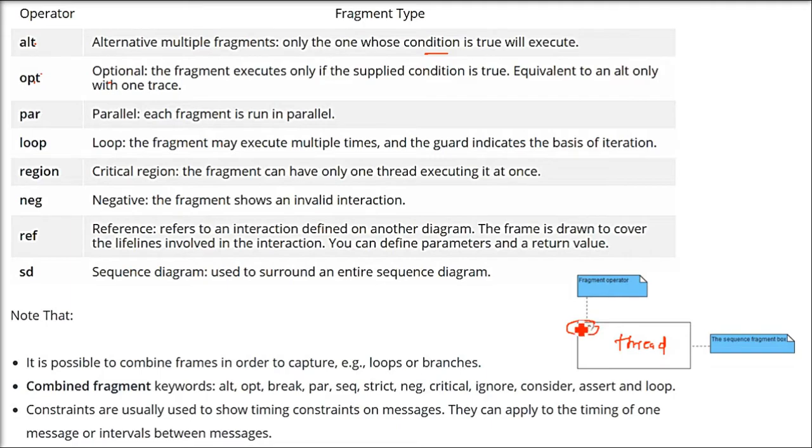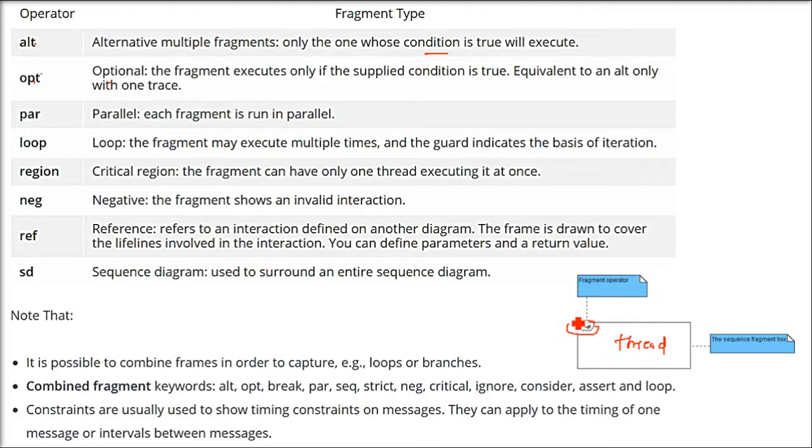Neg means negative. The fragment shows an invalid interaction. So if this interaction is happening, we just want it to be shown as invalid. Ref is the reference. It refers to an interaction defined on another diagram. So the frame is drawn to cover the lifelines involved in the interaction. You can define the parameters and a return value.